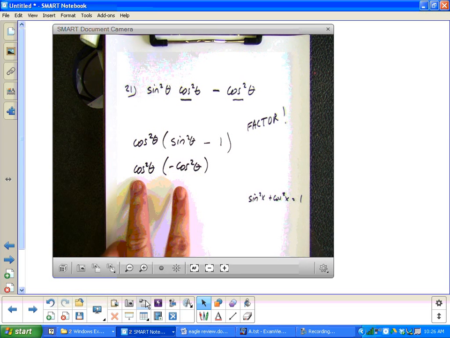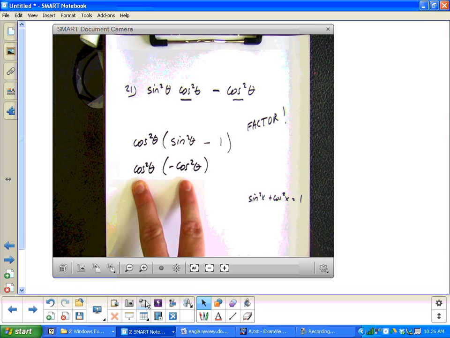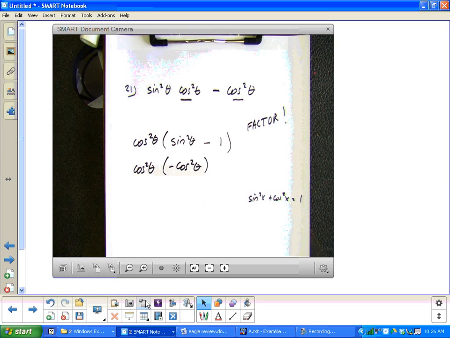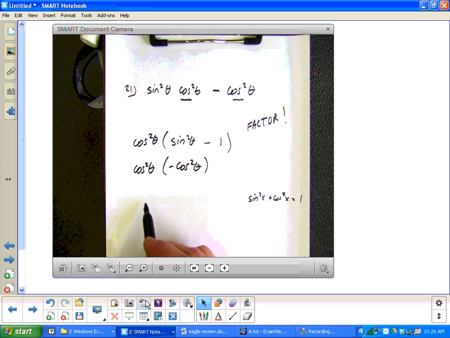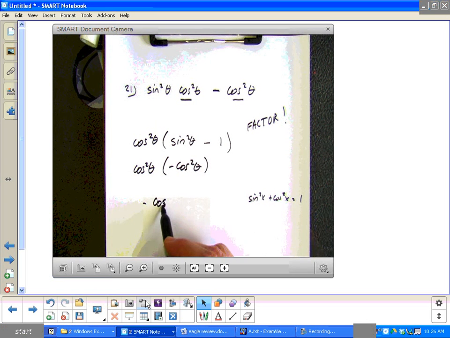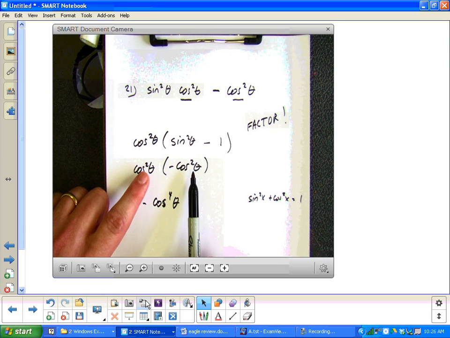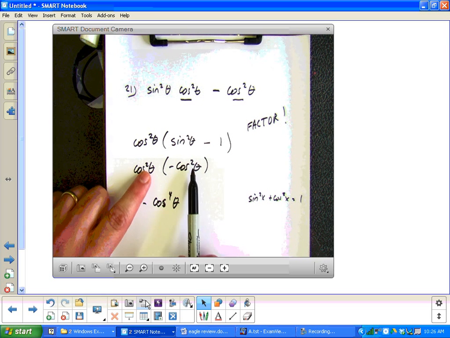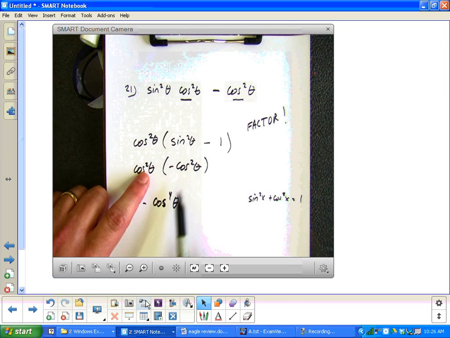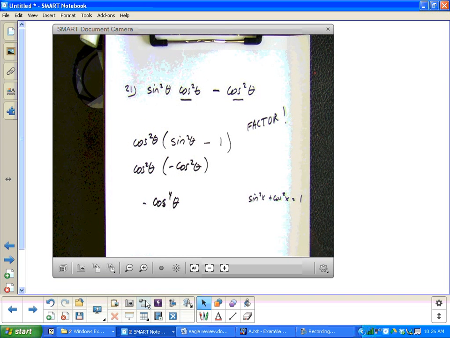Now let's multiply this out. Cosine squared times negative cosine squared would be negative cosine to the 4th. With 2 and 2, you really could mess this up. Are we adding the 2s or multiplying the 2s to get the 4th? Add them, right?